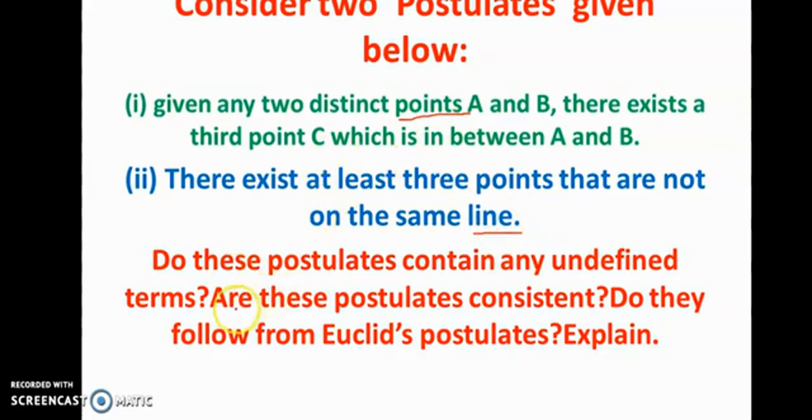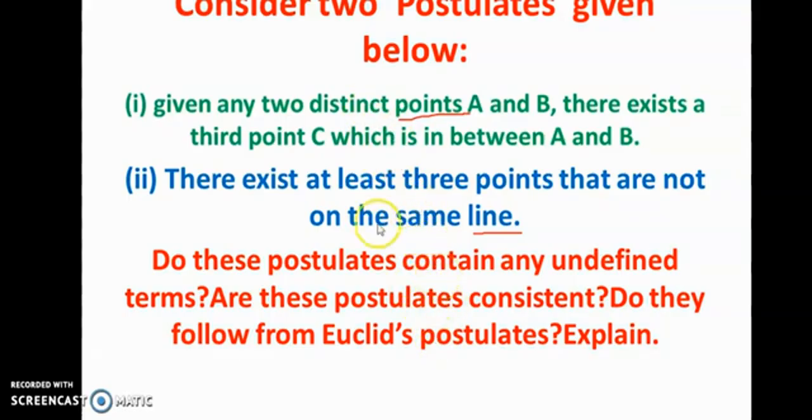These two are the terms that we call undefined terms. And in the second question, they asked whether these postulates are consistent. Let me explain now. What do you mean by consistent? If there is no contradiction between two postulates, then we call it consistent. Here these two postulates are consistent because they refer to two different situations. Let me explain.